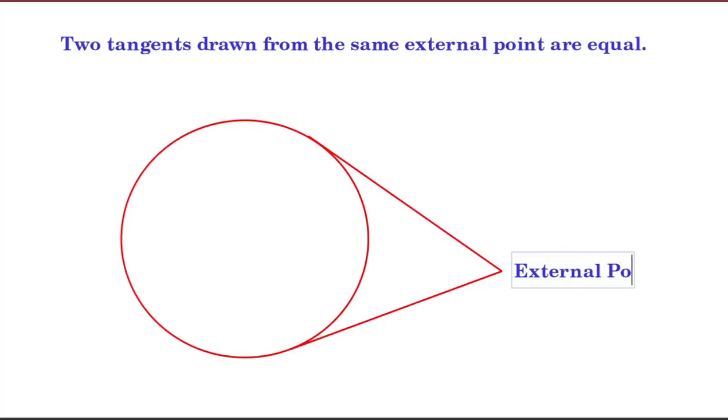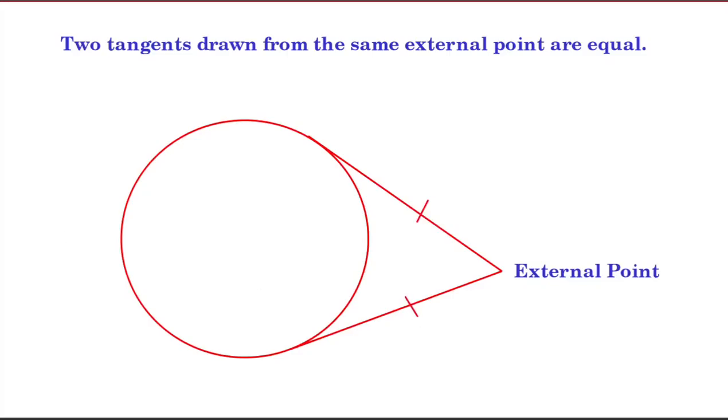And then this is the point of contact where the tangent meets the circle, and then you have the center in there. So if these two tangents are starting from the same point to the point of contact on the circle, they are going to be equal. This one is going to be equal to that.